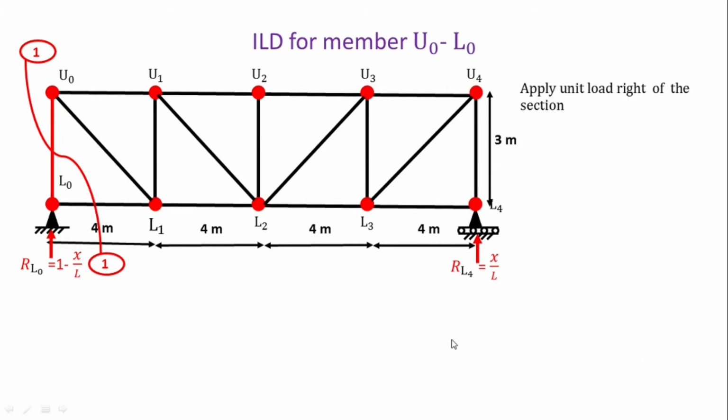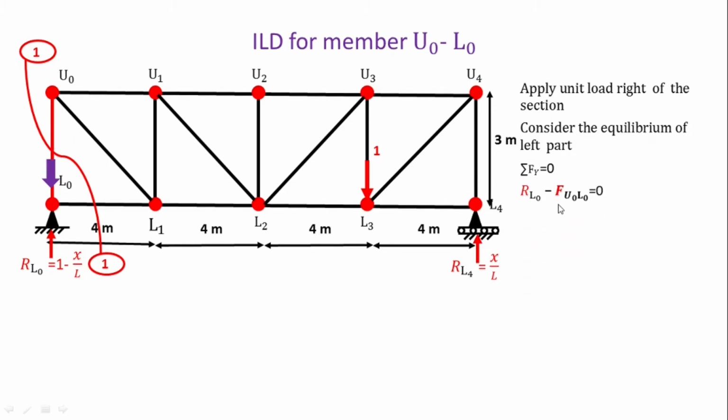Then again move this load to L3, and this is the right hand side of the section. Again consider the equilibrium condition for the left part of this section. Again we have to assume the direction of this force. We are assuming here compressive. So again we are applying the sigma FY condition because this member is vertical. The equation will be the same as the previous.